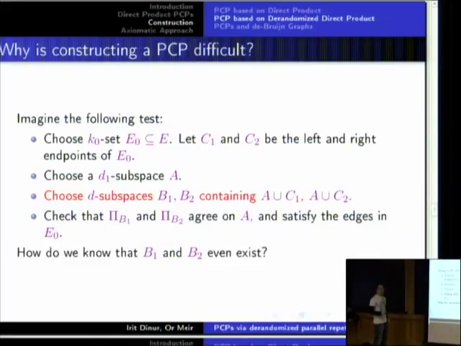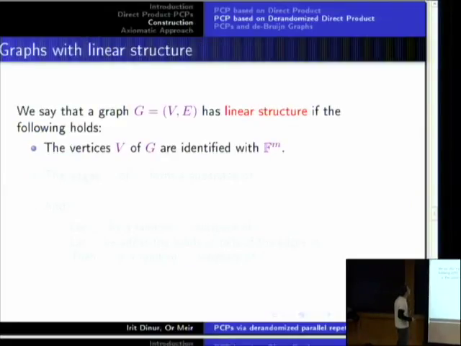And then we will show that every possible constraint graph can be embedded on such a graph that has a nice linear structure. So what do I mean by a graph with a linear structure? Well, first I mean that the vertices of the graph can be identified with F to the m, but this is just the same as the derandomized direct product was defined.